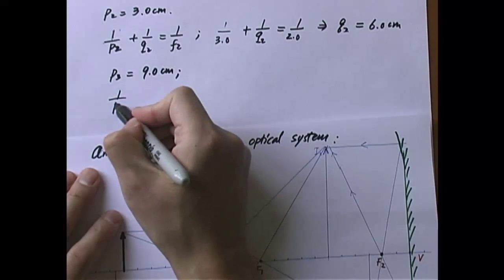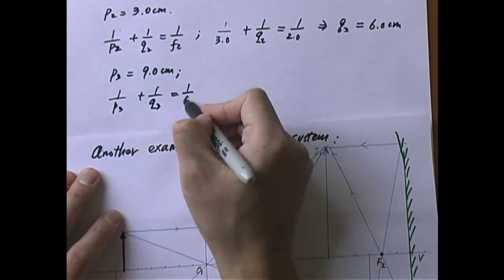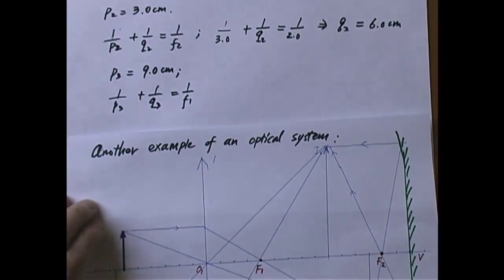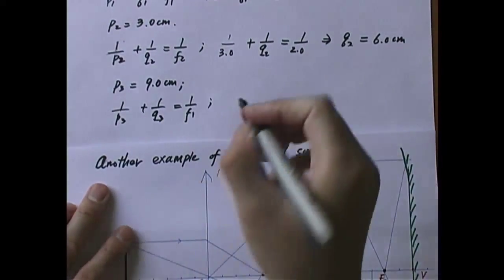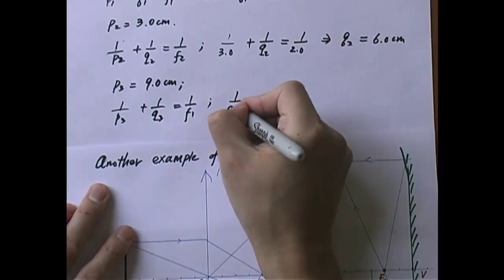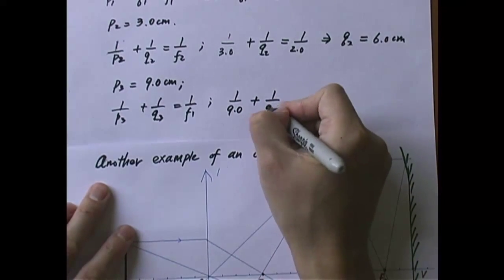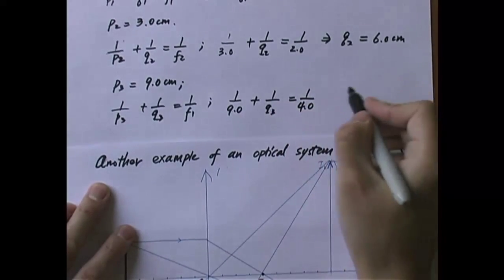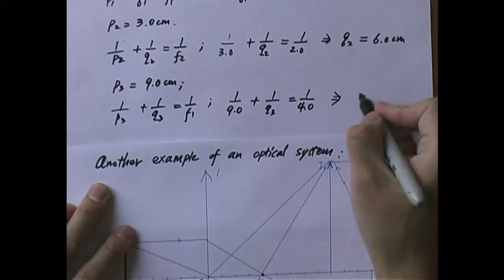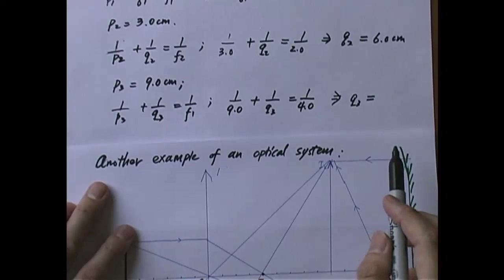Then I have the lens equation again: 1 over P3 plus 1 over Q3 equals 1 over F1. It's still the same lens with focal length F1. In other words, 1 over 9 plus 1 over Q3 equals 1 over 4. Unfortunately it's not an integer, but you can calculate it.